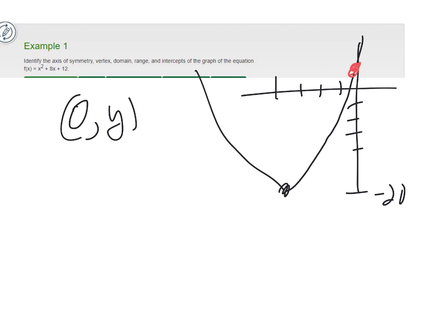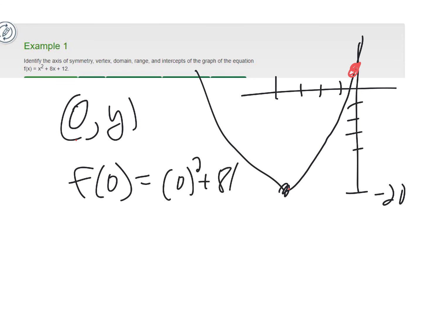That would give me another point to graph. So I've got the vertex, and I have another point. If x equals 0, all I have to do is evaluate that function at x equals 0. So 0 squared plus 8 times 0 plus 12. Well, that's 0, that's 0. That means that point right there is 0, 12. I know it doesn't look like that on the scale, but that's where it is. So that's the y-intercept.